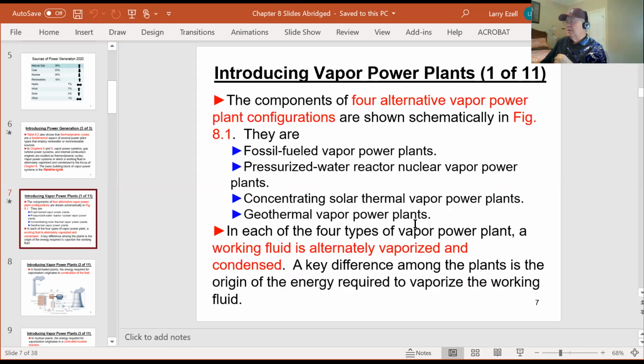In each of these types, a working fluid is alternatively vaporized and condensed. And generally that working fluid, in 99% of the cases, is water. And being able to take water and turn it into steam, put the steam through a turbine, condense it back to water and recycle is what makes the Rankine cycle so predominant in today's power generation field.